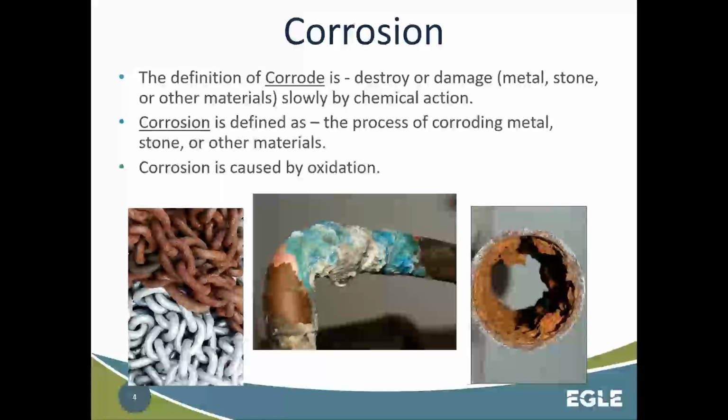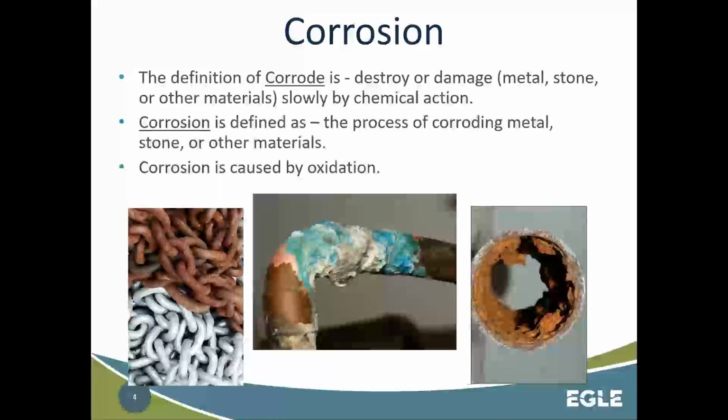The pictures at the bottom really give that idea. You've probably dealt with corrosion your whole life, whether or not you realized it. It's everywhere. It happens pretty much all the time. It's very prevalent in the materials that we look at every day in the drinking water program, metals specifically.